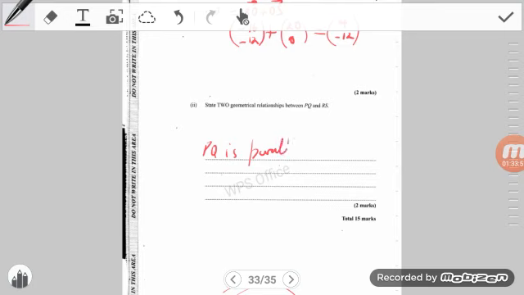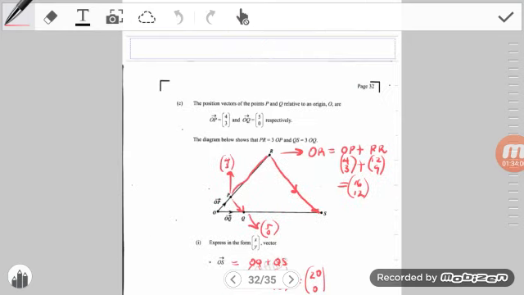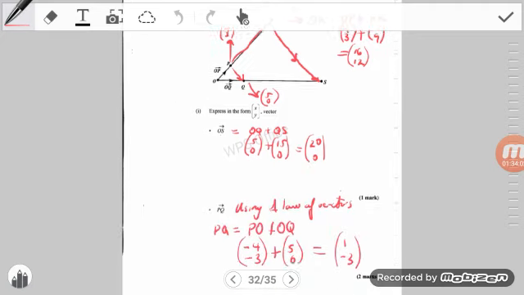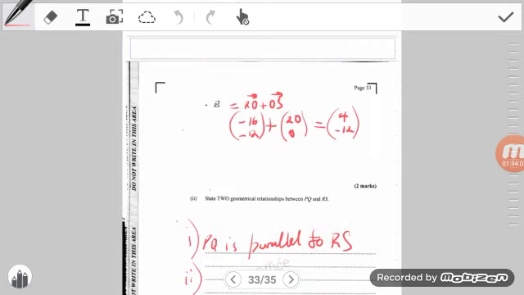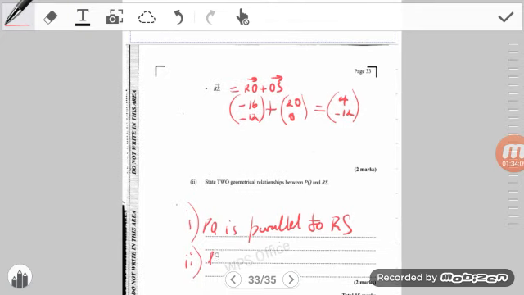And the second relationship, we can look at the ratio of the relationship. PQ we had worked out to be 1, -3. So PQ is 1, -3. And RS is 4, -12.